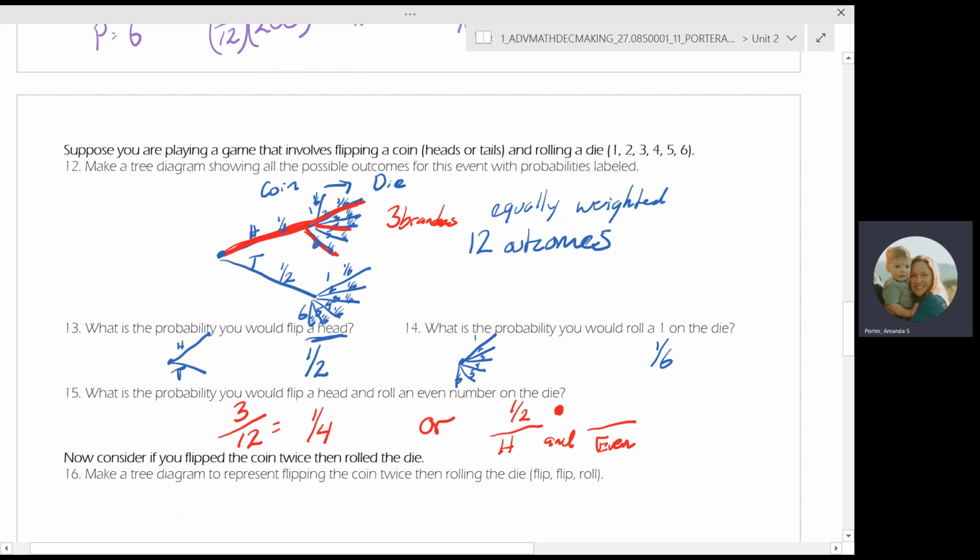Now evens on this grouping right here, evens are 2, 4, 6. So 3 out of the 6 is my even probability. When you multiply that from a fraction standpoint, multiply straight across, so that becomes 1 times 3 on the top, 2 times 6 on the bottom. Here you see the 3 out of 12 show up, which is the same answer as 1 out of 4.